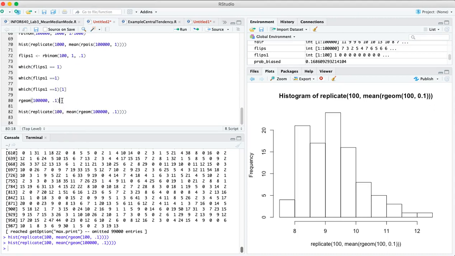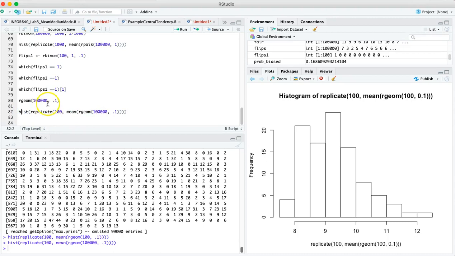As you might expect, R has a shorthand for this. So R has the geometric distribution, or rgeom. So I'm going to type rgeom. I'm going to pass it 100,000 instances. So I want to see if there's 100,000 people on subway platforms. And again, my probability is 0.1 here.